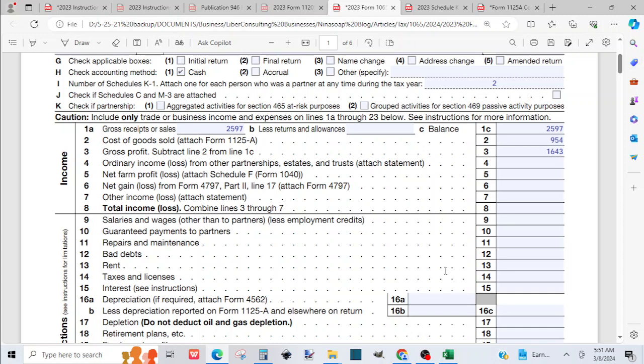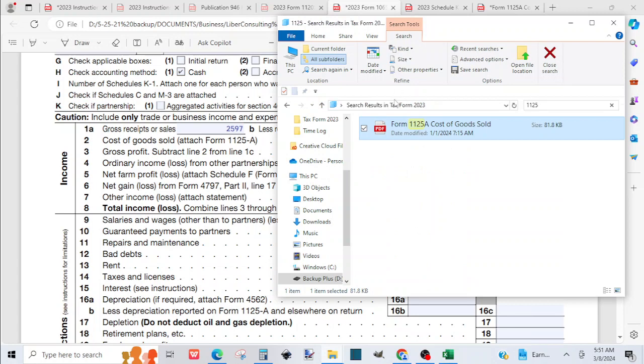So 8825, we can open it for you to take a look at how it looks.